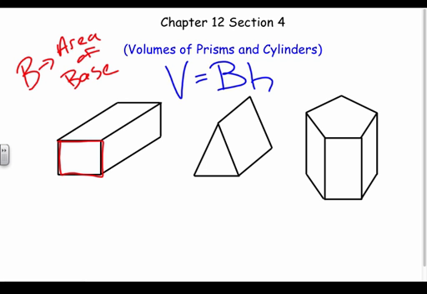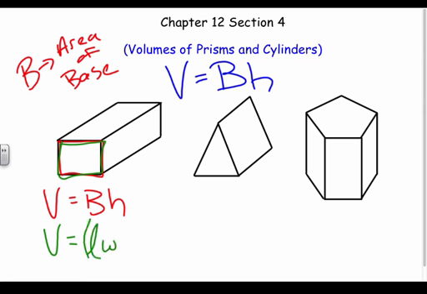So let's say I choose this front base as its base. Well, just like we talked about, it's the area of the base times the height. So in this case, the area of the base is a rectangle. So we would take length times width of that base and then times the height of the prism. So here I would take the length times the width and then times the height of that prism to fill it up.